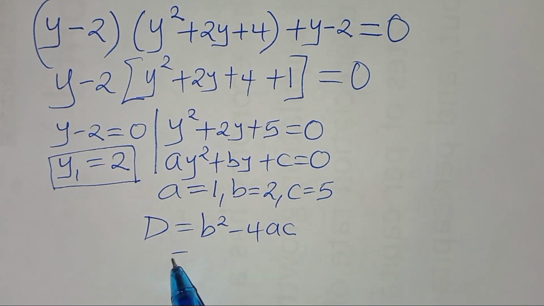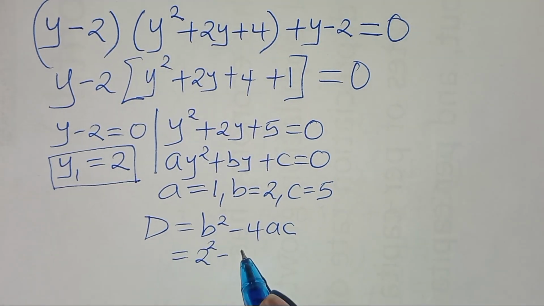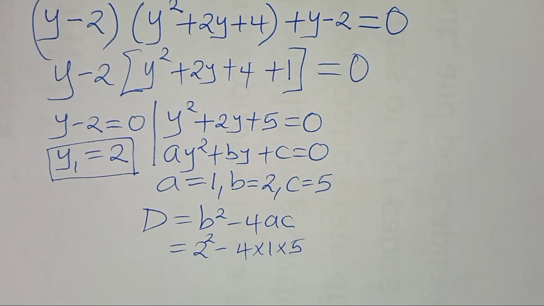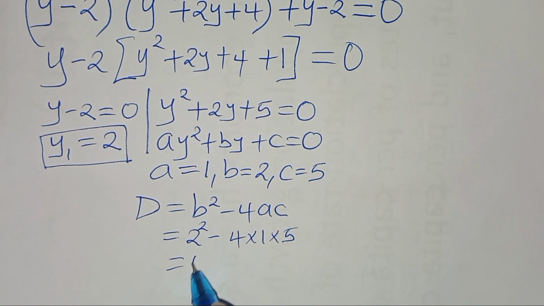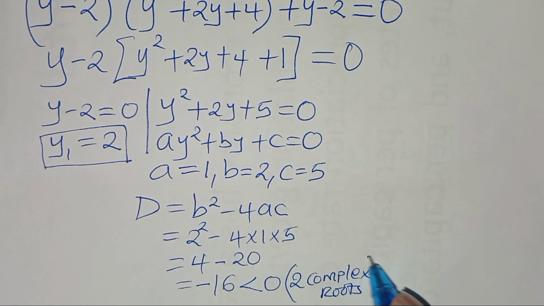So let's substitute the values: 2 squared subtract 4 times 1 times 5. This is 4 minus 20, which is negative 16, which is less than 0. And that shows that we have two complex roots.